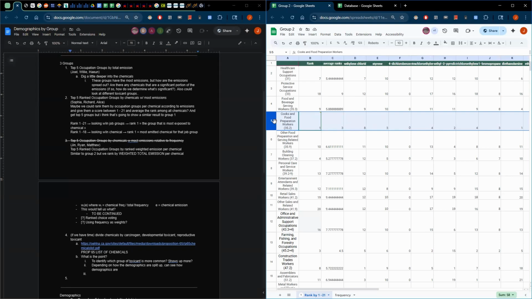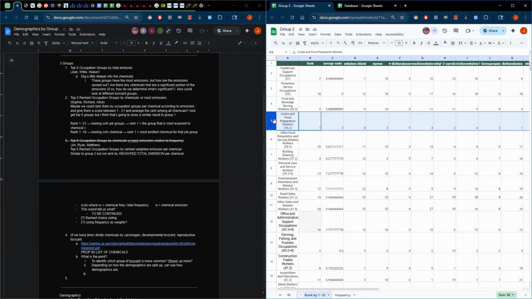Looking at this, there are one, two, three, four, five, six, seven, eight, nine, 10 chemicals. In this one, 8 of the 10 are under five in the ranking. So you could also say what percent of the time the cooks are the highest exposed.